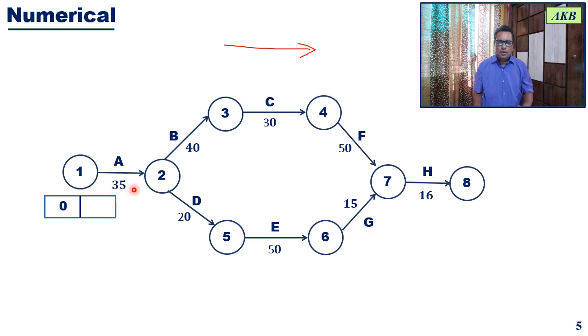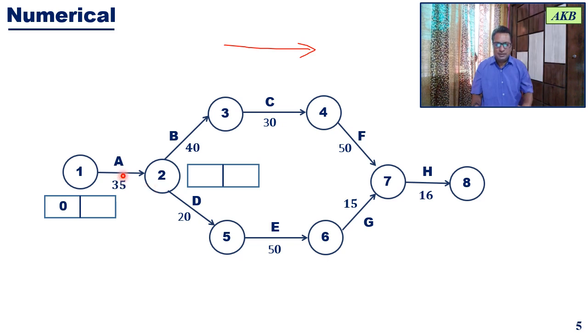Okay, then you go to the next event, that is event 2. Again, for event 2, we will be noting down its earliest event time. Okay, how to get this? This is very simple. If you have the diagram, you can easily do that. In order to get earliest event time for event 2, you just add the duration of the activity for which 2 is the head event.